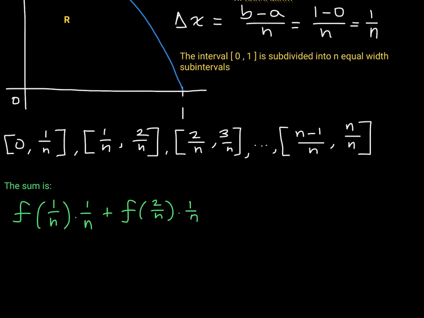Plus the height of the second rectangle times its width, so there's the area of the second rectangle, plus, and then you would keep going, plus the kth rectangle would be f of k over n times 1 over n, plus, etc. Plus the nth, or the last rectangle, would be f of n over n, which is just f of 1, our function evaluated at this right endpoint 1, which is n over n, times the width of that rectangle, which is 1 over n.